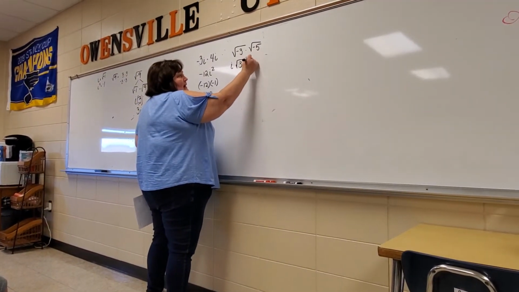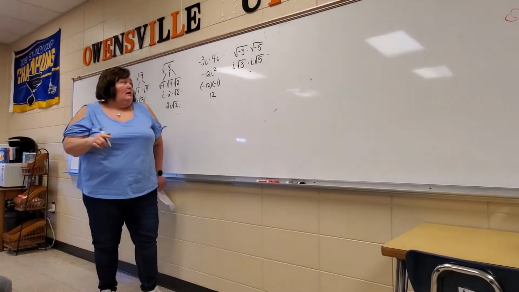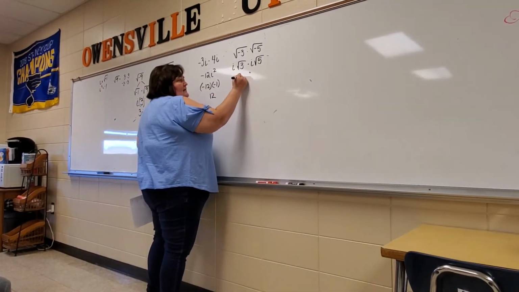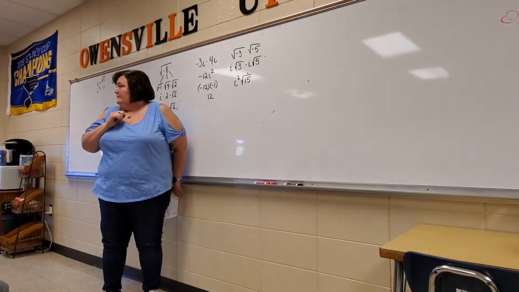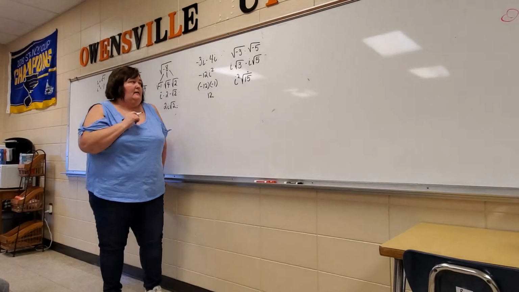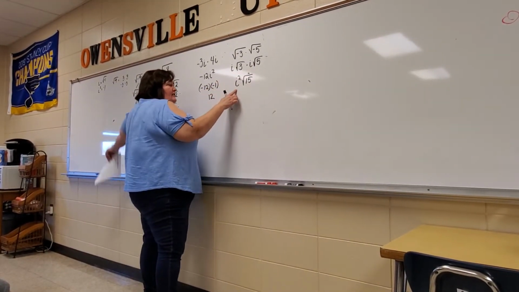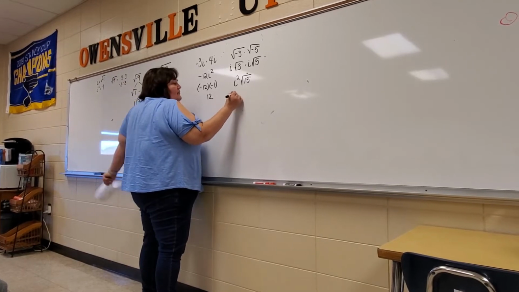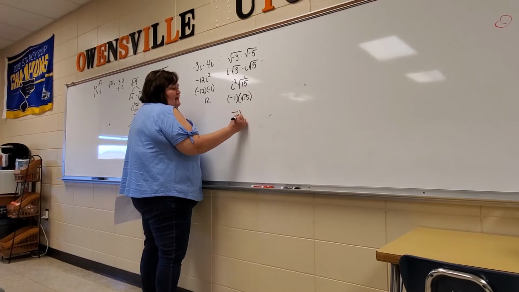Times i square root of 5, right? i times i would be i squared, square root of 15. Wait, I thought you couldn't multiply those. Sure you can. You can multiply them, you just can't add them if they're not the same. Multiplying is fine. i squared is negative 1, so negative 1 times the square root of 15 would just be the negative square root of 15.